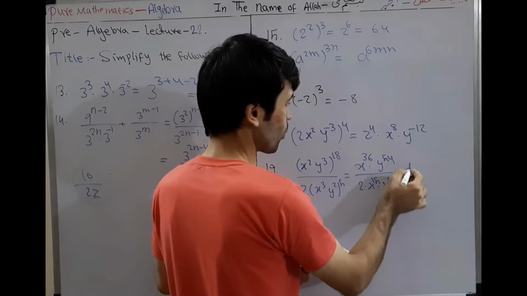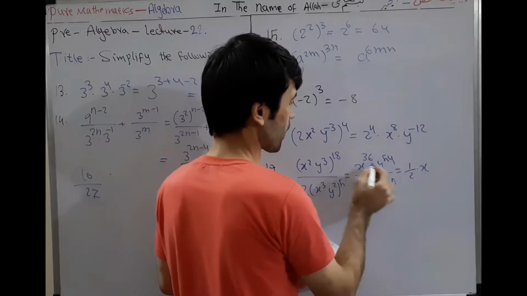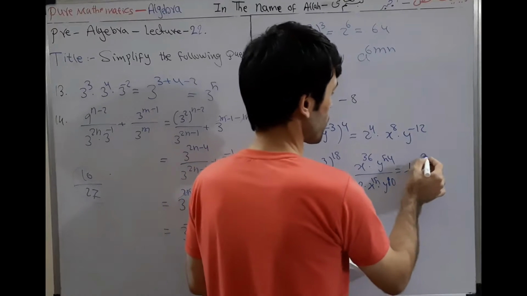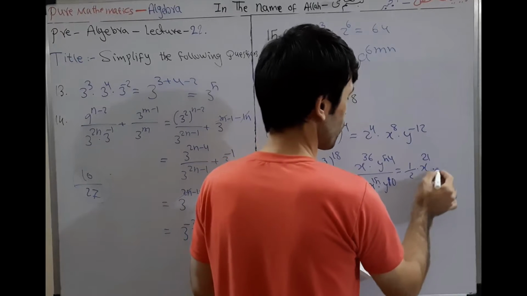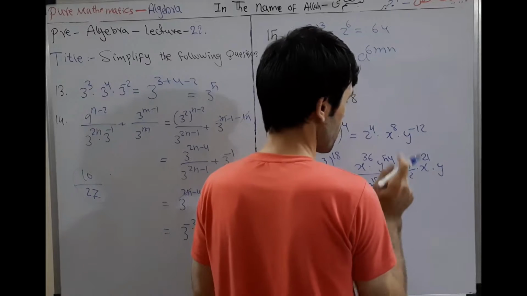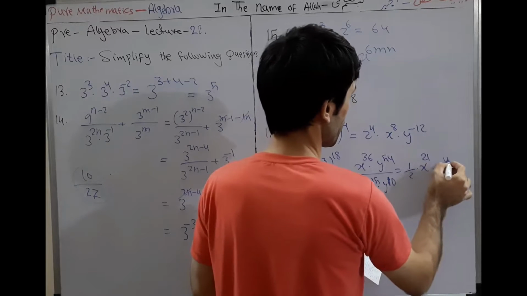It is equal to 1 by 2 into x to the power 36 minus 15, 21, into y to the power 54 minus 10, 44.